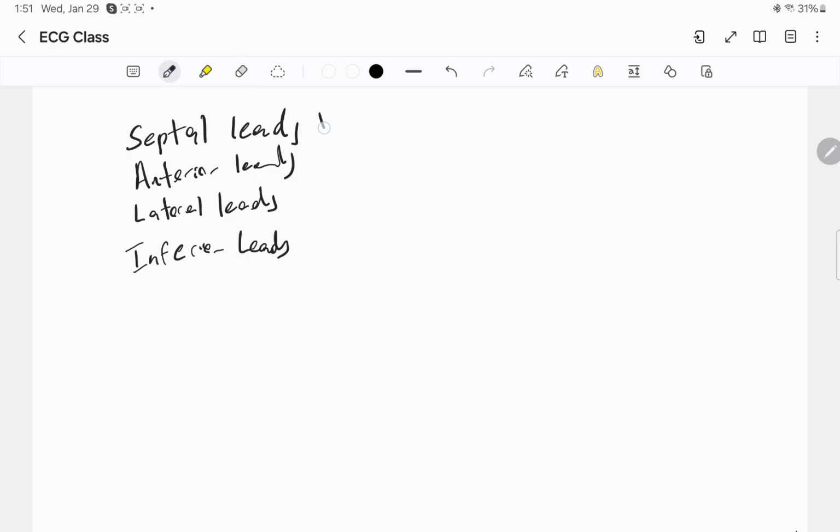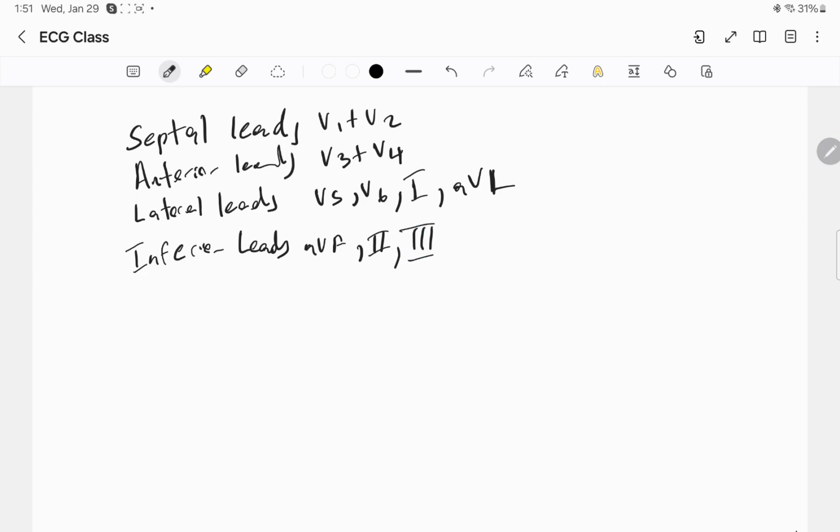Therefore, the septal leads are V1 plus V2. The anterior leads are V3 plus V4. The lateral leads are V5, V6, lead 1, AVL. And the inferior leads are AVF, 2, 3. And the only lead that's left out is AVR. It's not in this category.